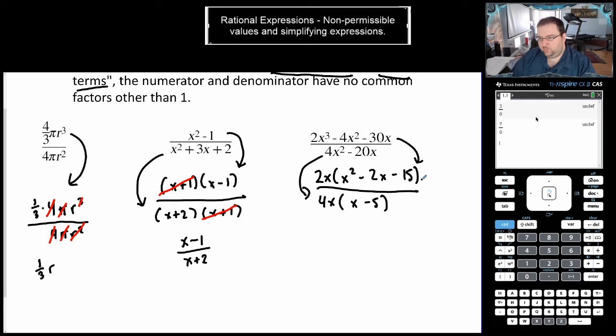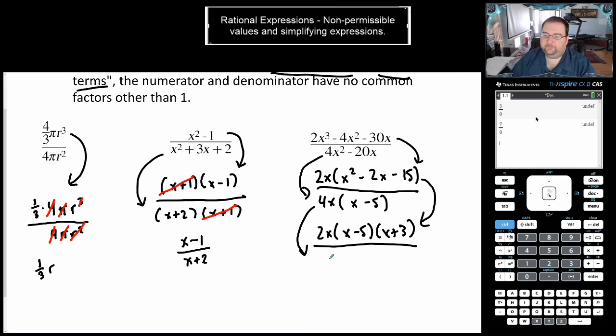So again, we're going to see this and try to factor that out. So we have 2x, and then here you're going to have (x minus 5)(x plus 3). And then we're not going to touch the denominator. 4x(x minus 5).